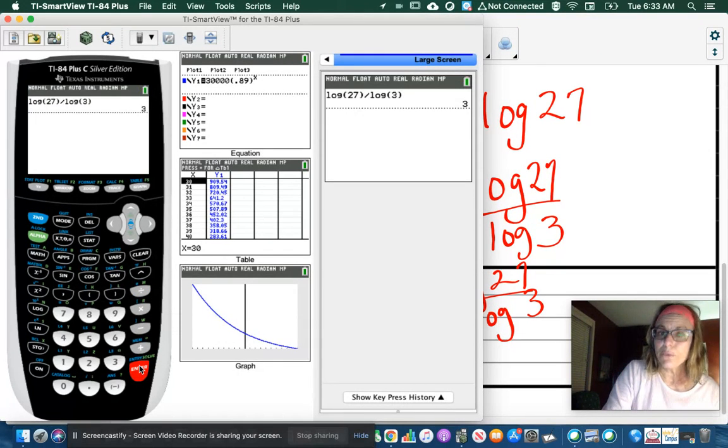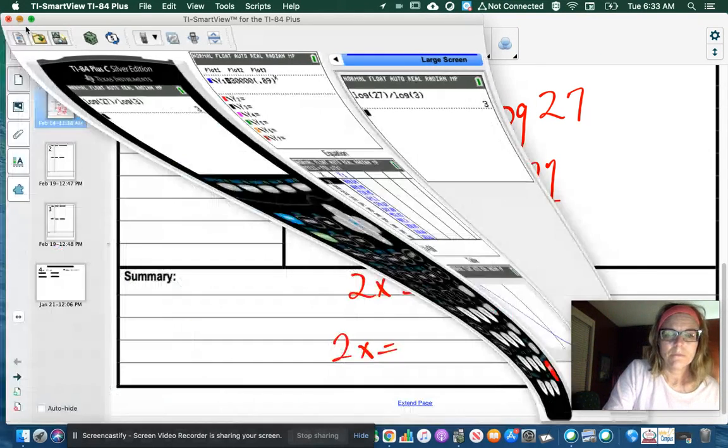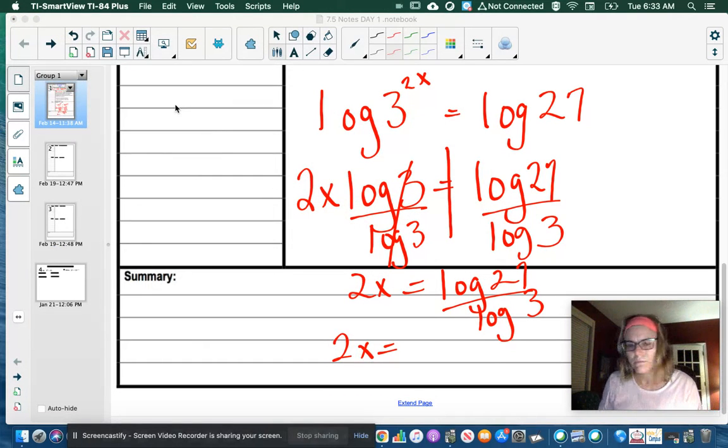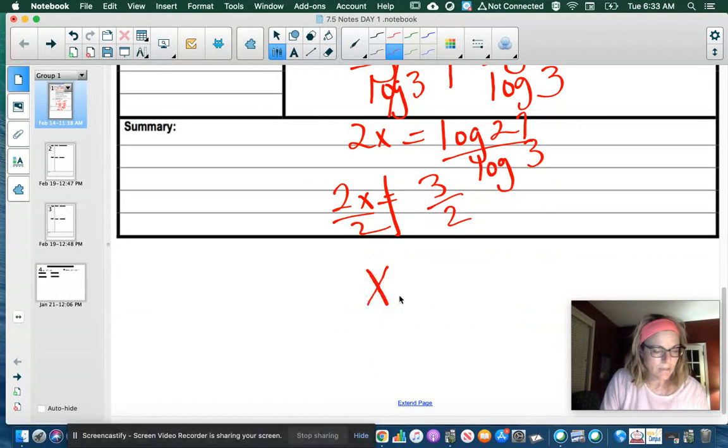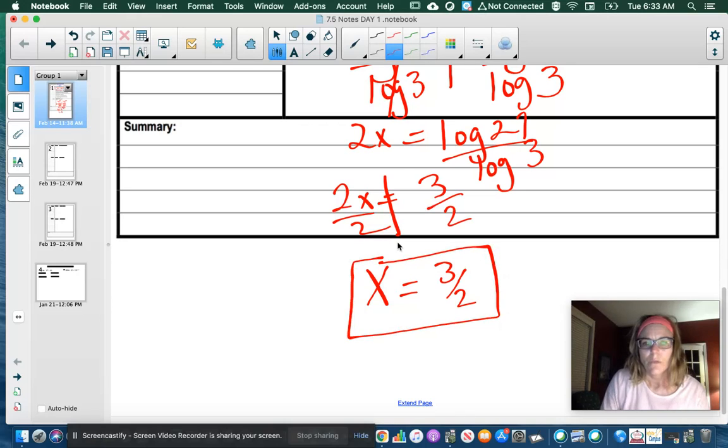It is 3. Divide both sides by 2, and we get x is equal to 3/2. We just solved an exponential equation.